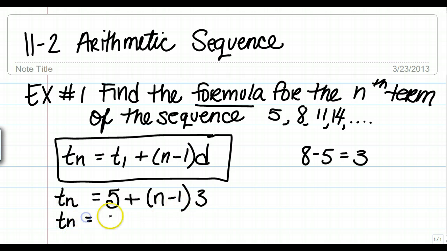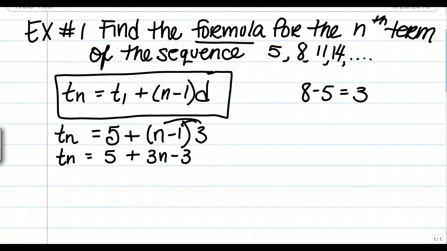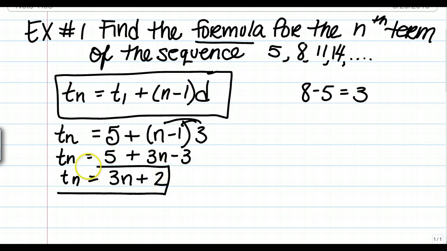You have Tn equals 5 plus, we can distribute our 3, 3n minus 3. We have Tn equals 3n plus 2, because 5 minus 3 is 2. And this would be the answer to your question for the formula for this particular arithmetic sequence.